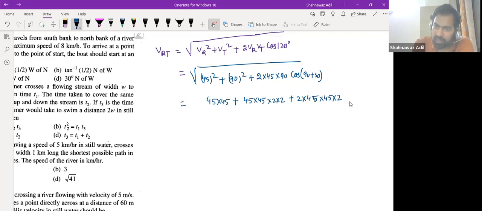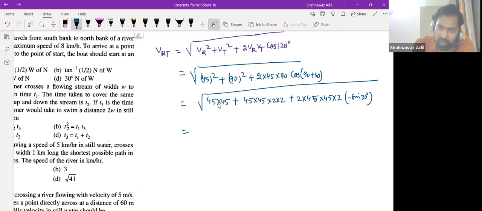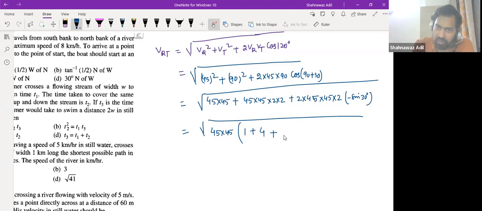This is minus of sine 30, right? 45 is common everywhere. Yes, sir. So this is 1 plus 4 plus 2 into 2 into minus of sine 30, which is half, right?